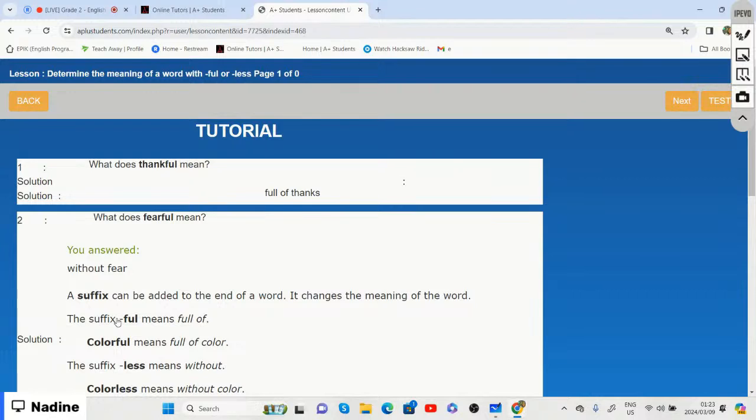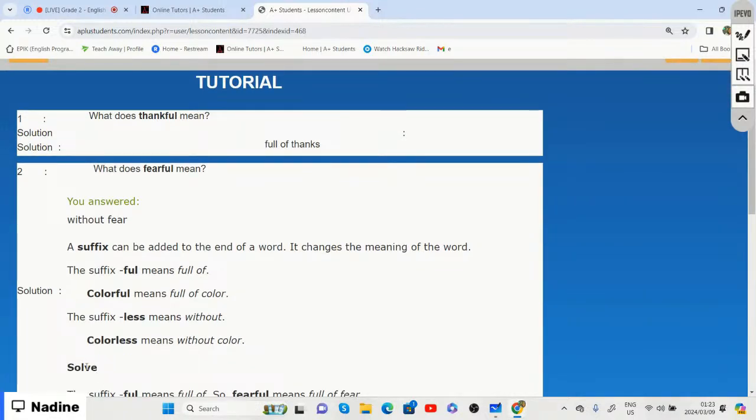All right. So we said that full means full of, and we said less means without, right? So what does thankful mean? If you are thankful about something, what is the meaning?